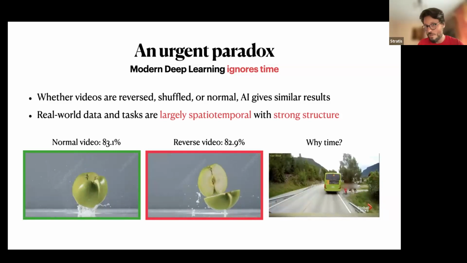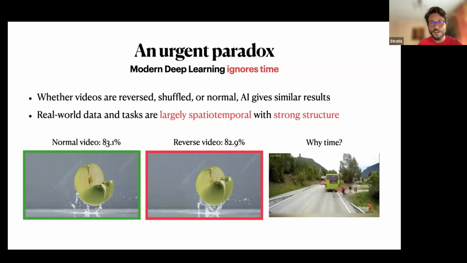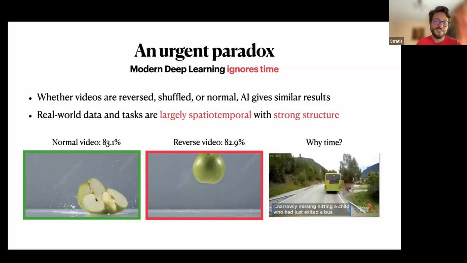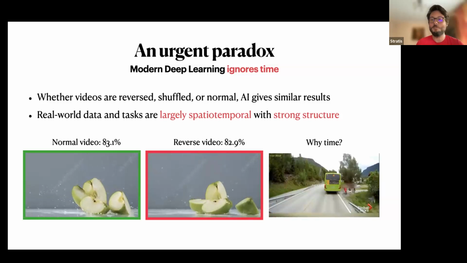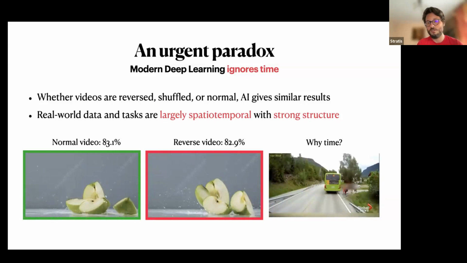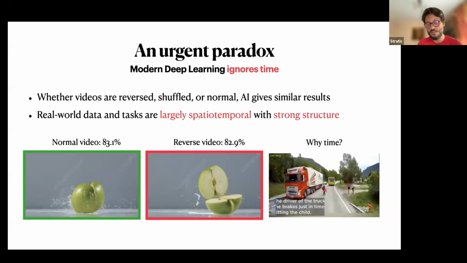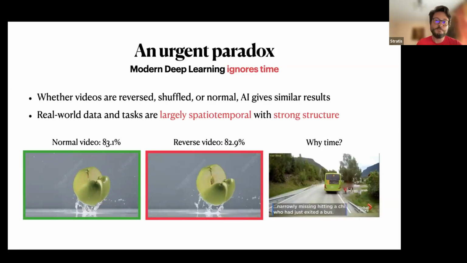Now, for some, that would be a feature, right? It gives you good action classifications, even when the video is shuffled. But in my opinion, this doesn't make sense. It should not work. Higher accuracy is not always the desired outcome here.